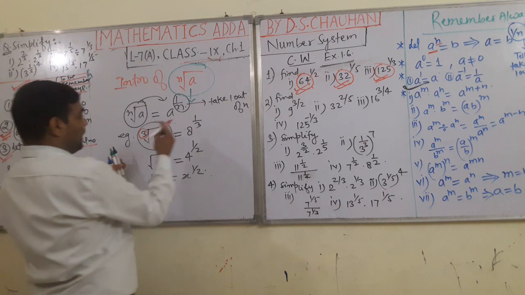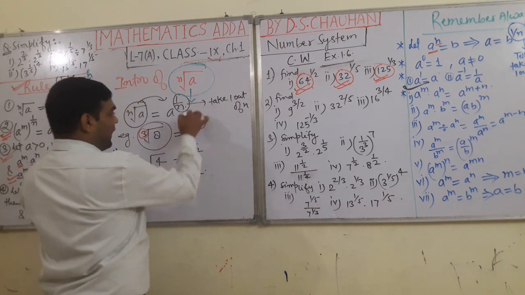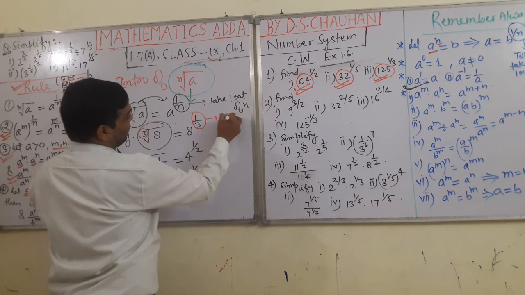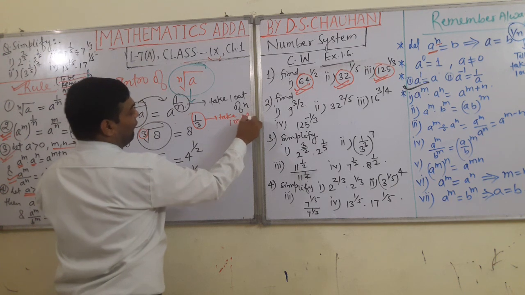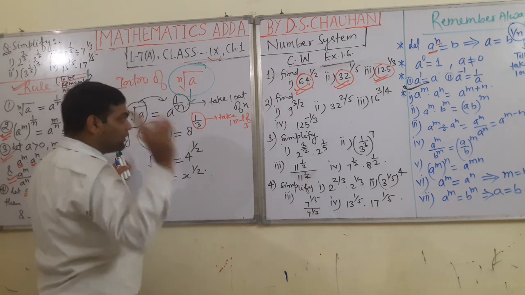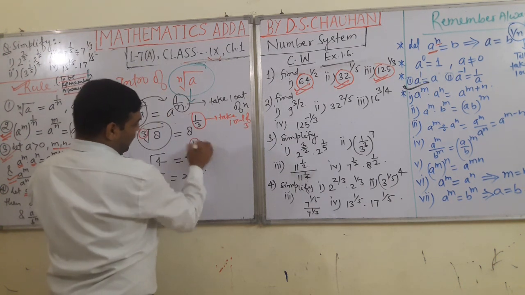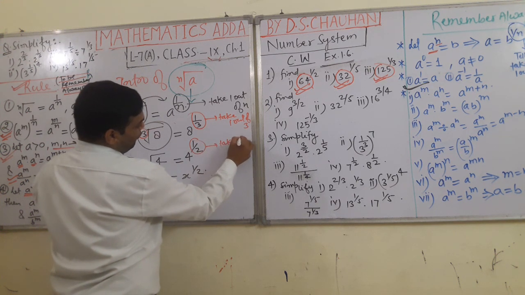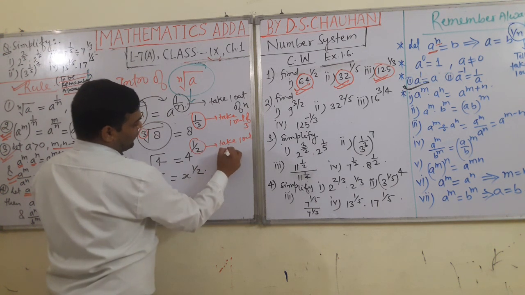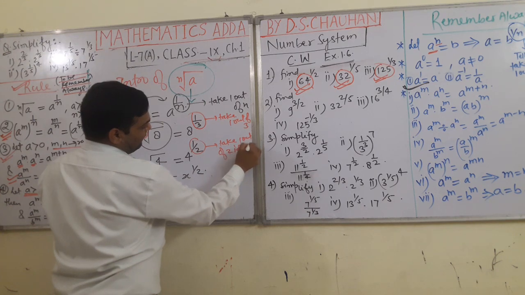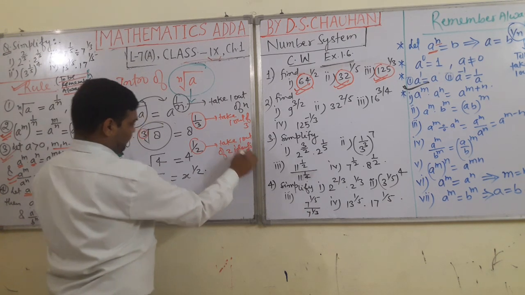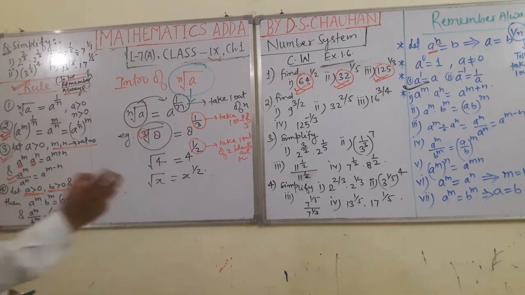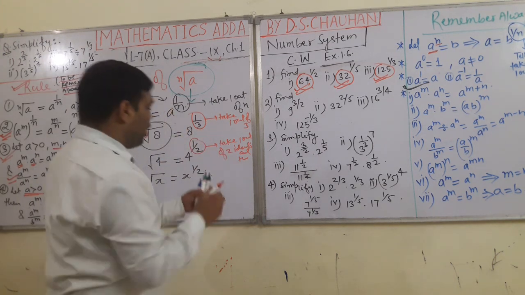So how to solve here? This tells us take 1 out of 3 identical things. Here this tells us take 1 out of 2 identical things. So keeping this idea in mind, how can we solve?